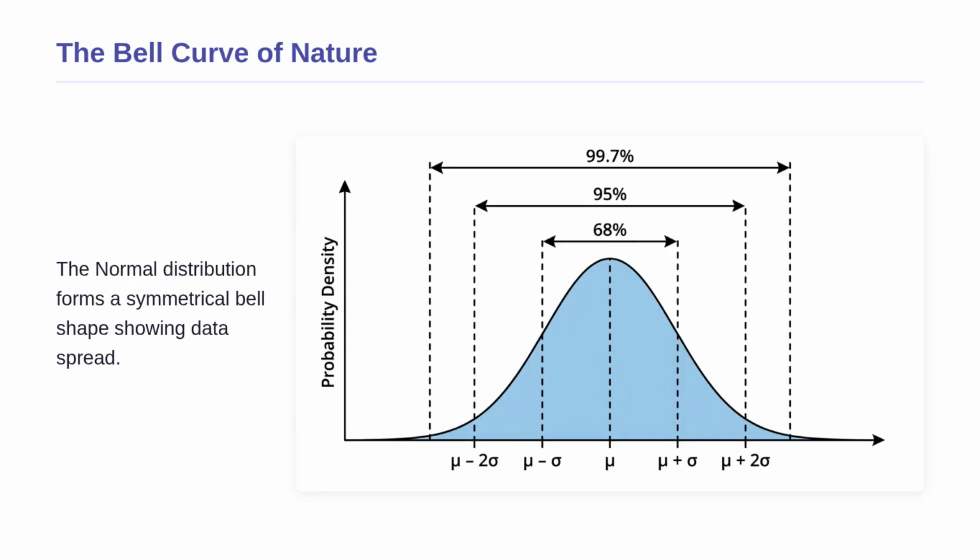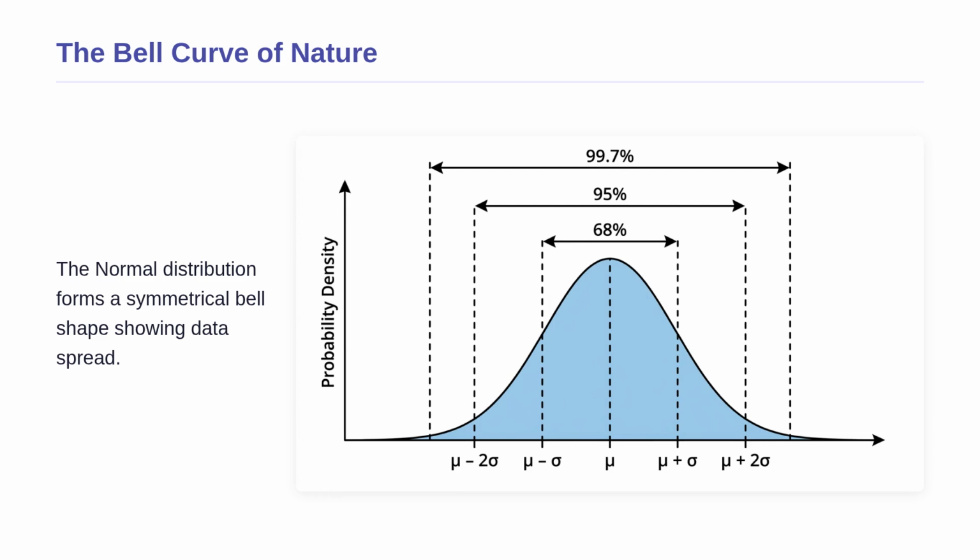Now that we have seen the formula, let us visualize what it actually creates. Here, you are looking at the famous bell curve. The horizontal axis represents the continuous values we are measuring, and the vertical axis shows the probability density. Right in the middle, at the highest peak, is the mean, mu. Notice the dashed lines marking the standard deviations.